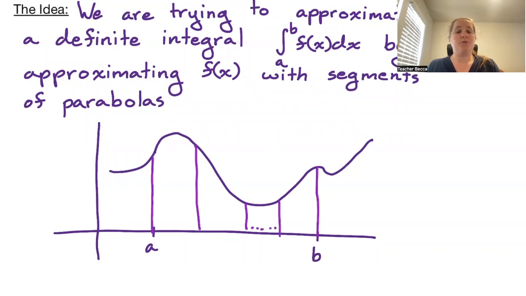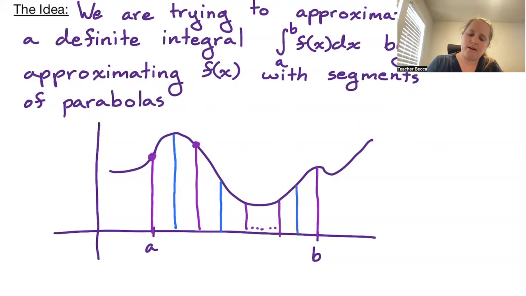And then since we need 3 points, we'll actually break each of those up into another subinterval at the midpoint. And we will use these series of 3 points on f to make our parabolas. So again, between any 3 points, as long as the x values are different, we can write a parabola through those points.